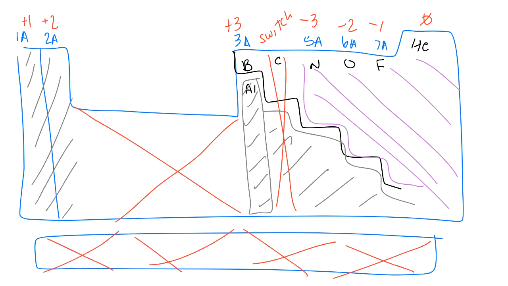But you do need to recognize that this is the pattern for these ions. So it goes +1, +2, +3, switch or skip, and then -3, -2, -1, 0. It's very important for you to have these memorized. But again, it's just kind of in a straight line on your periodic table.